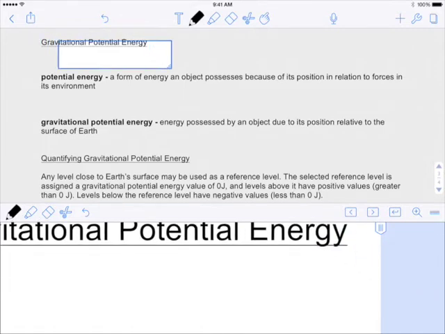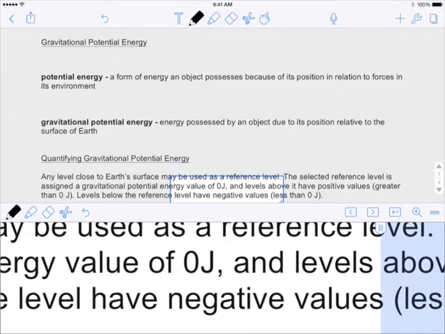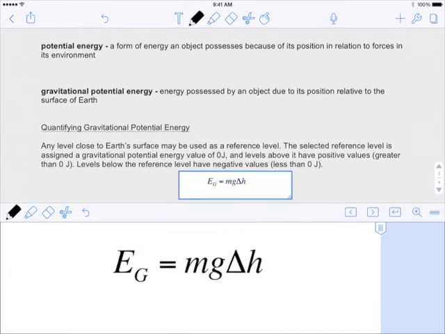The equation for gravitational potential energy depends on 2 factors. The first is the mass of the object, and the second is the height of the object.